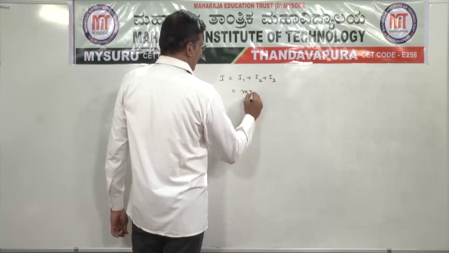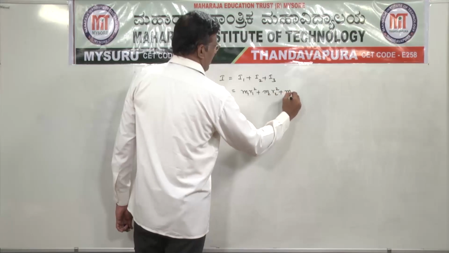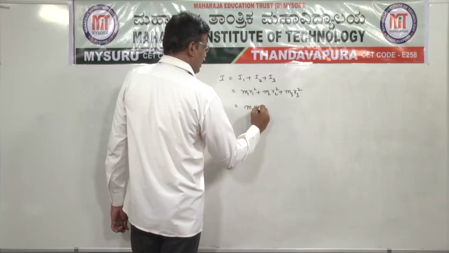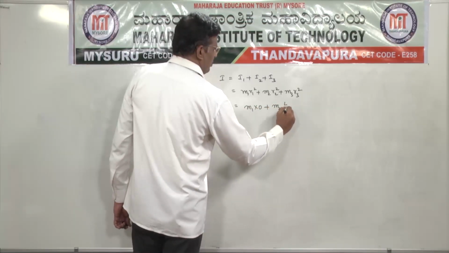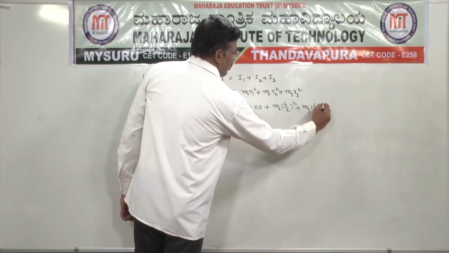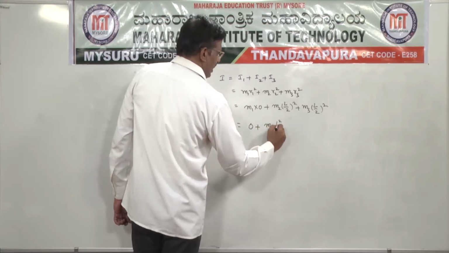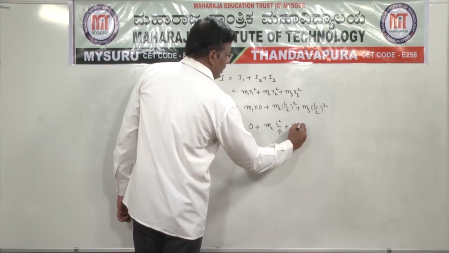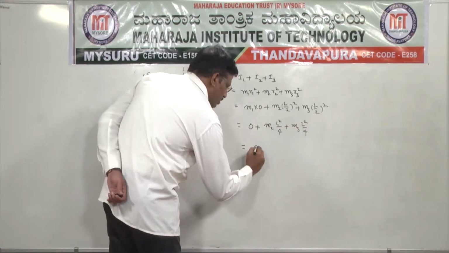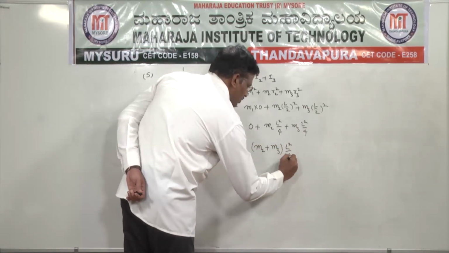I is equal to m1 r1 square plus m2 r2 square plus m3 r3 square, that is equal to m1 into 0 plus m2 into (L by 2) whole square plus m3 into (L by 2) whole square, that is equal to 0 plus m2 L square by 4 plus m3 L square by 4, or that is equal to L square by 4 you can take as common, so therefore (m2 plus m3) into L square by 4.